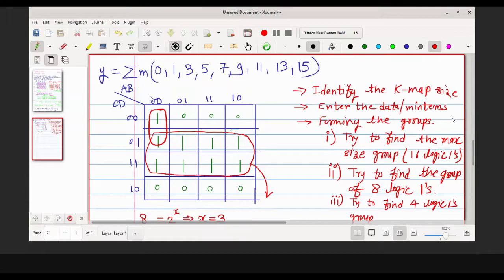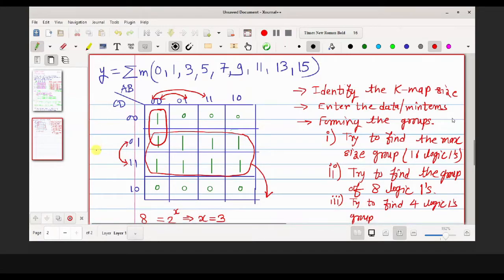On the top, A is changing from 0 to 1. In this entire bigger group of logic ones, A has changed from 0 to 1. Similarly, B has changed from 0 to 1. So that means this particular variable A and B I can throw out. Similarly, you can see here that C is also changing from 0 to 1.